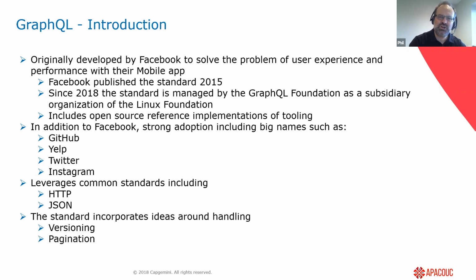It does solve some of the common problems, or give you a framework in which solving common problems can be addressed around versioning and pagination of data requests, which is great because it means that you're reducing the chances of your APIs having to break to accommodate change. And the common misconception is, of course, that it's linked to graph databases. Not really. There's some underlying math theory that influences or informs both, but that's it.